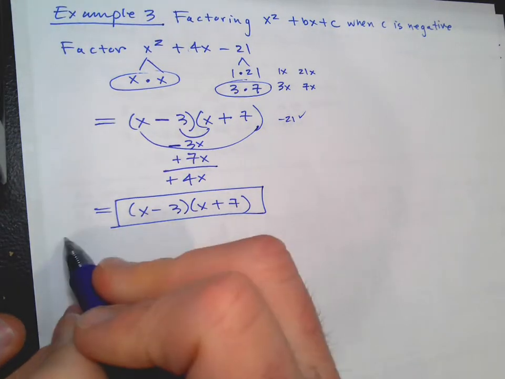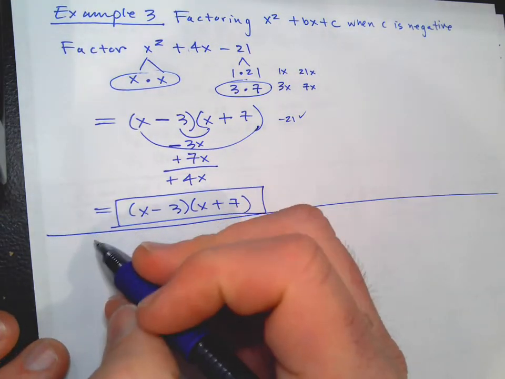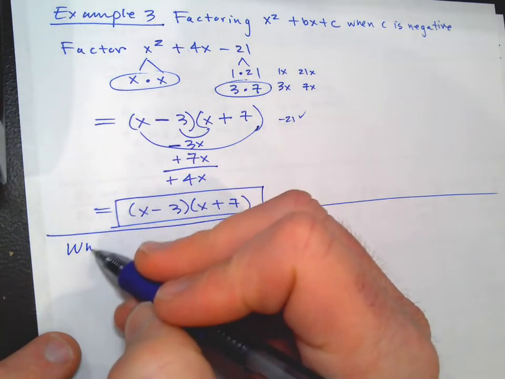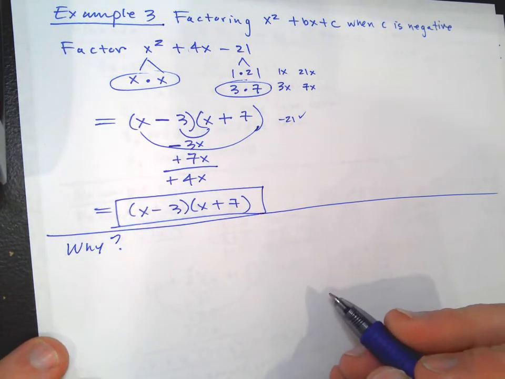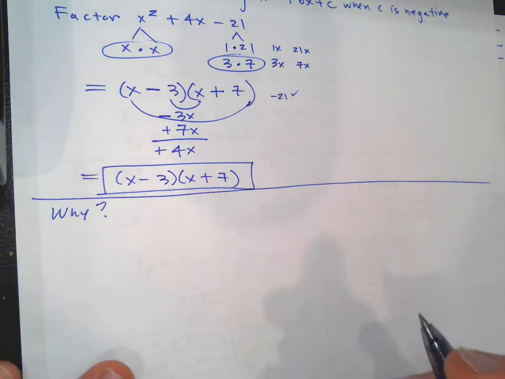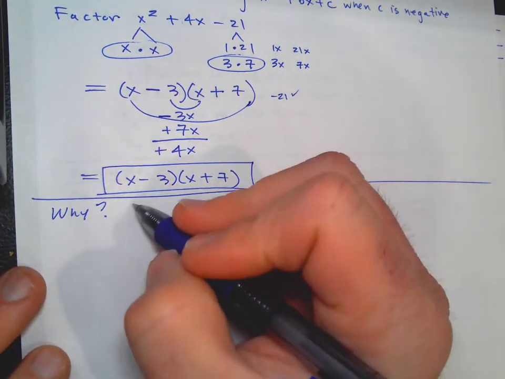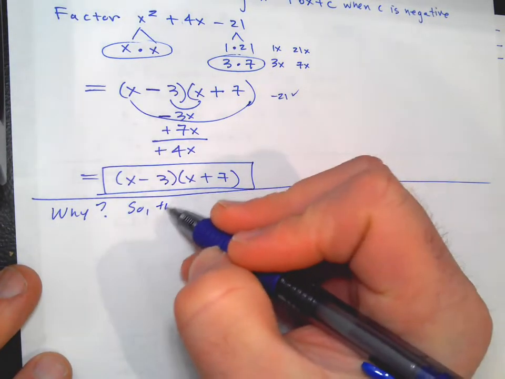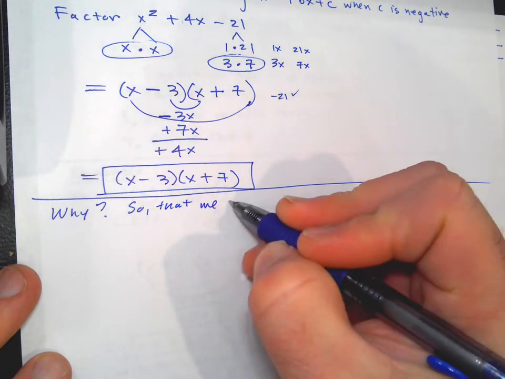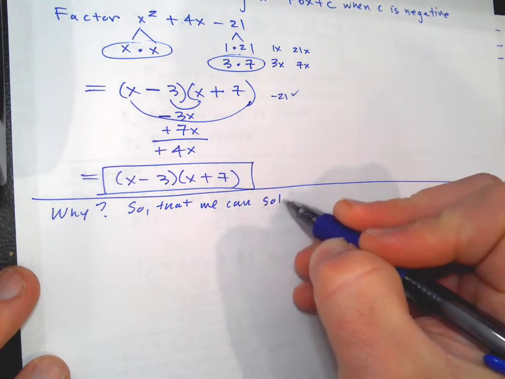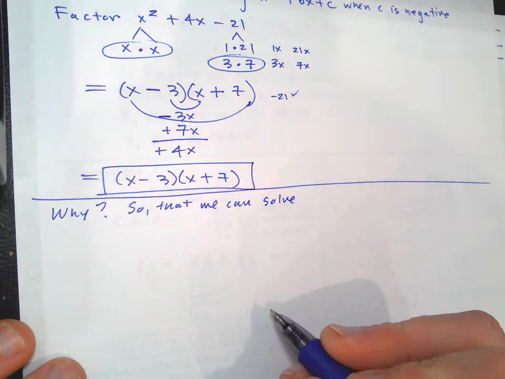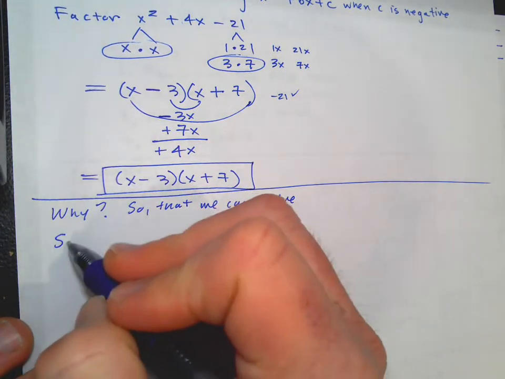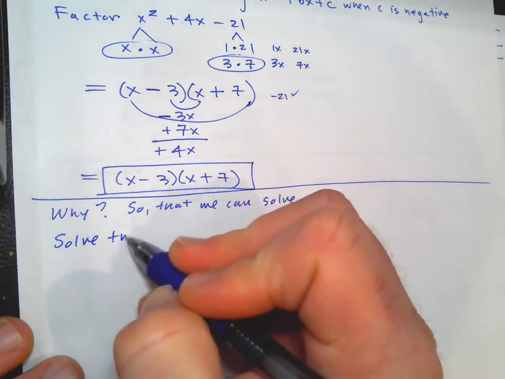So now why are we doing this, right? Why are we factoring? Well, it's so that we can do something we were doing last section, so that we can solve equations. The directions here are going to be: solve the equation.